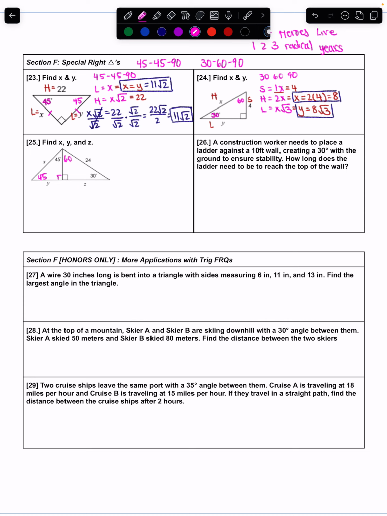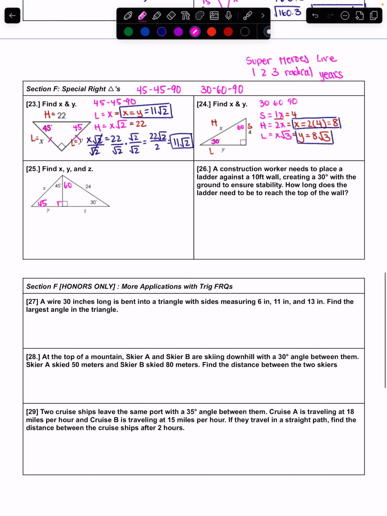Cool. So let's go ahead and use our little saying, superheroes live 1, 2, 3 radical years. So 1x, 2x, x rad 3.